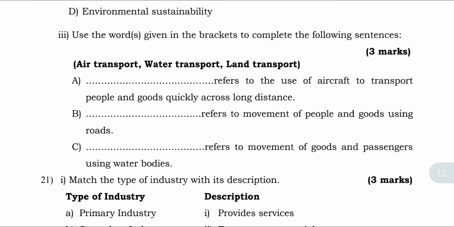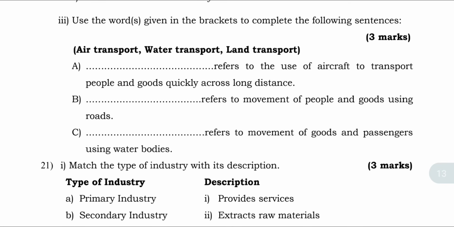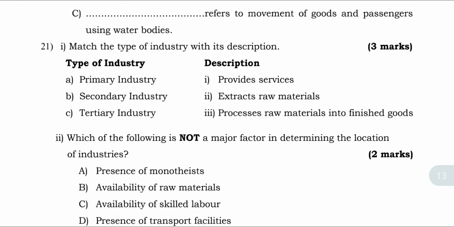Whereas Roman 3, use the words given in the bracket to complete the following sentences: air transport, water transport, and land transport. Have to fill the first two. For example, A dash dash refers to the aircraft of transport, that is air transport. B refers to the movement of people and goods, that is air. Movement of goods and passengers in water bodies, that is water.